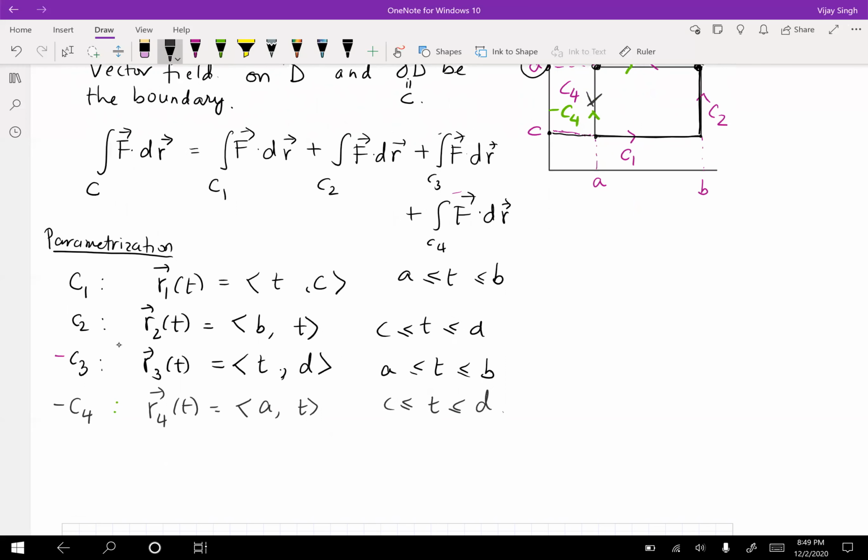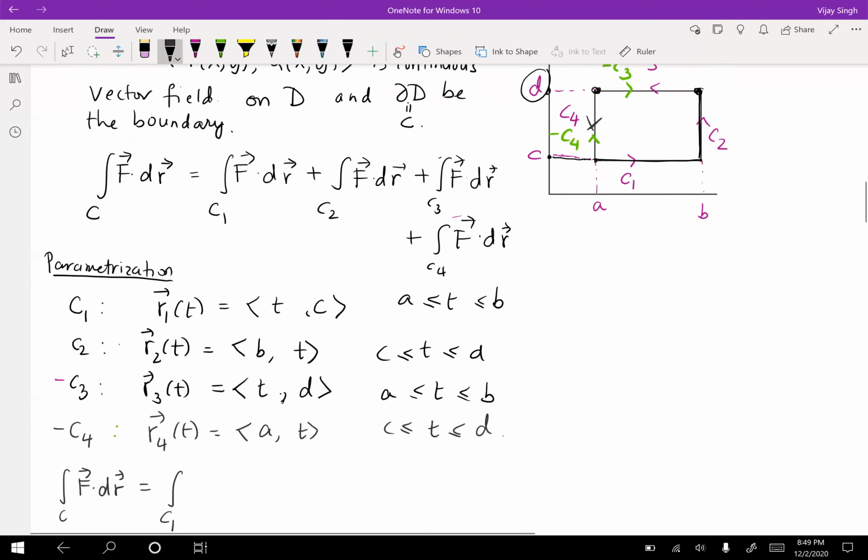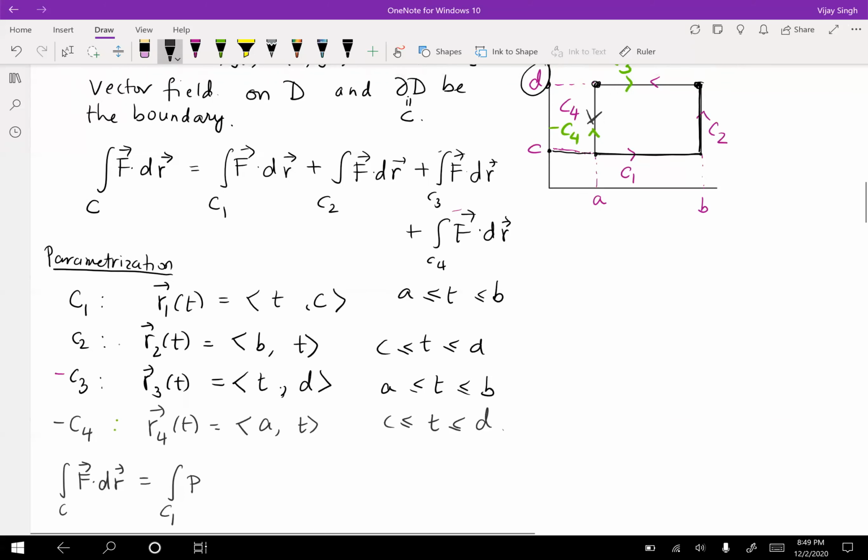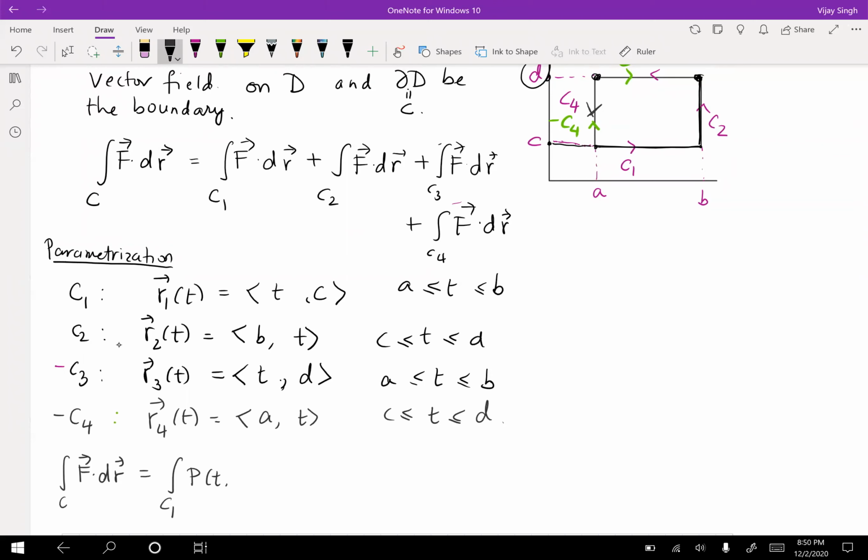So I'm going to write it down as the integral over C1 of F dot dr is going to be, F is going to be P, Q, but for P, instead of X, I will have T, and instead of Y coordinate, I will have C. Then same thing, P(T,C), Q(T,C) dot dr1 now.